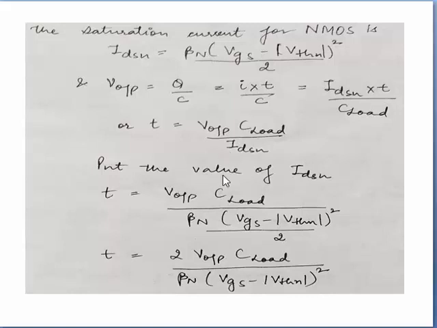Now put the value of IDSN from this saturation current equation, then T becomes V output into C load divided by beta N into (VGS minus VTHN) whole square by 2. Or also T becomes 2 V output C load divided by beta N into (VGS minus VTHN) whole square.